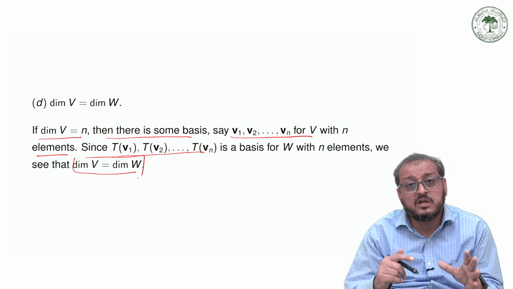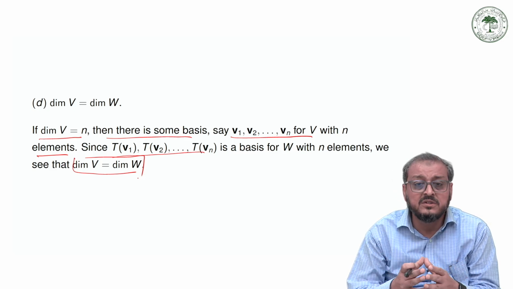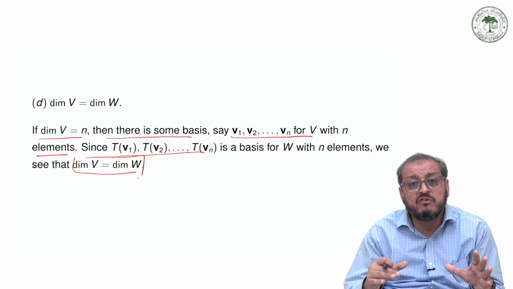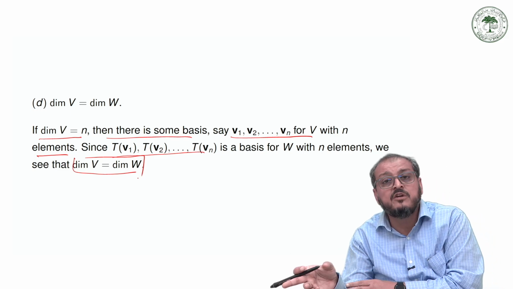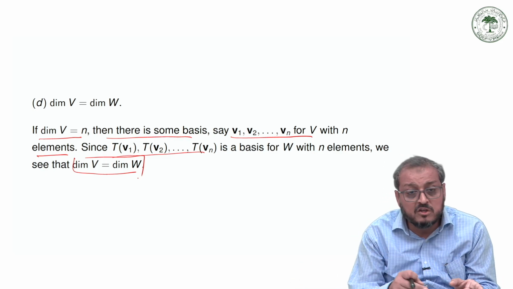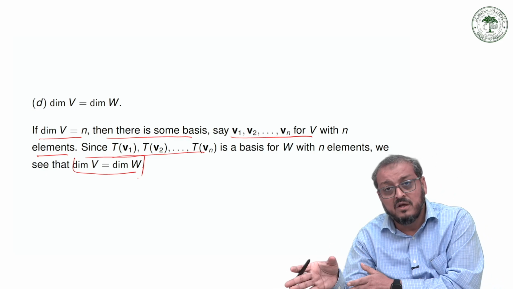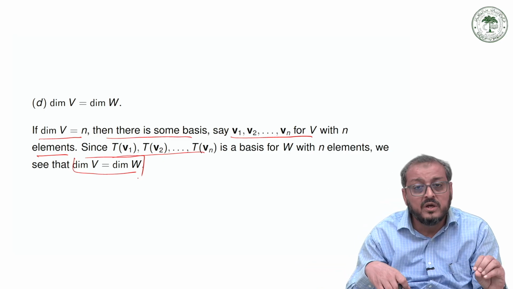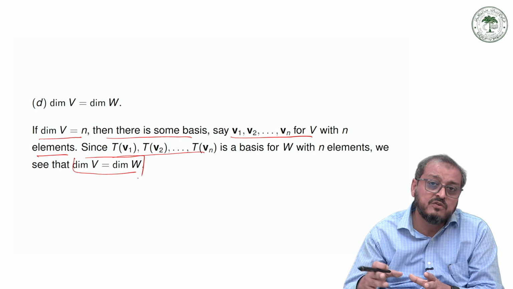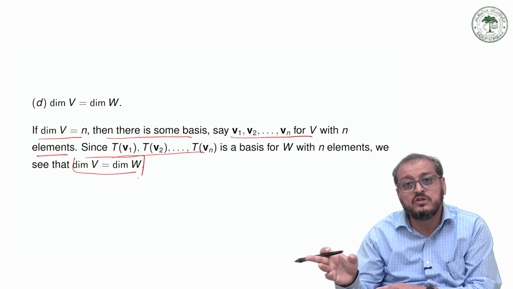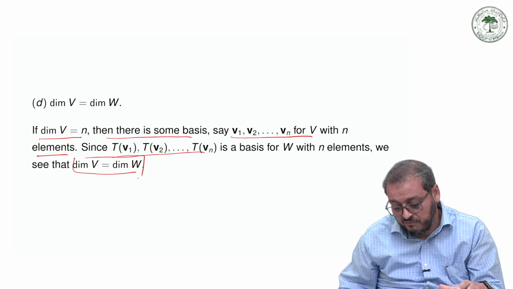If T from V to W is a non-singular linear transformation, then if V1, V2, ..., Vn is linearly independent in V, then the images T(V1), ..., T(Vn) are also linearly independent in W. If the span of V1, V2, ..., Vn is V, then T(V1), ..., T(Vn) span W. Combining these two parts A and B, we can say that if V1, V2, ..., Vn is a basis for V, then T(V1), T(V2), ..., T(Vn) is a basis of W, and the dimensions of V and W are the same.